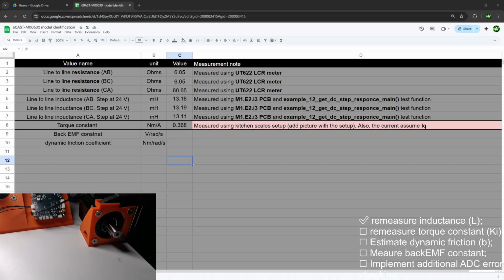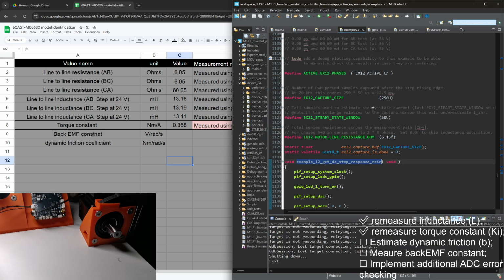Let's also update our description because we measured KI relatively decently. Acceptably, I'd say. So update it. Now let's go to our examples.